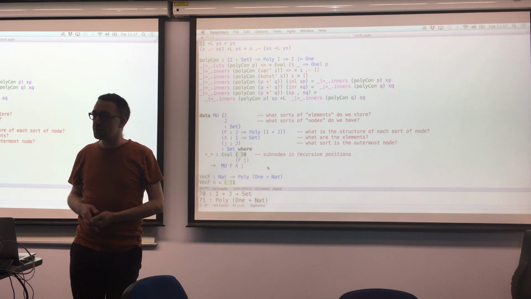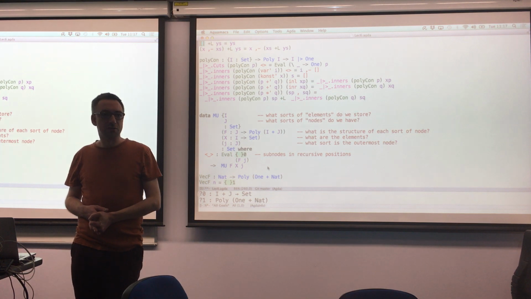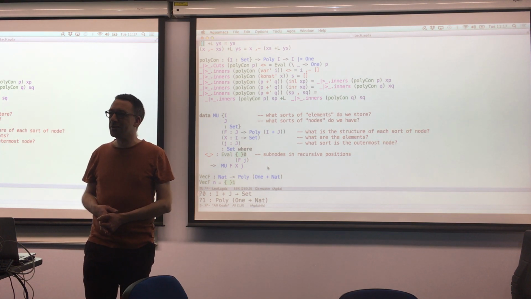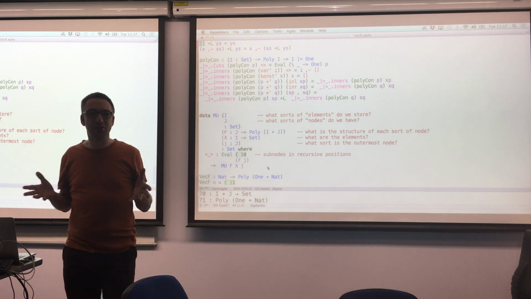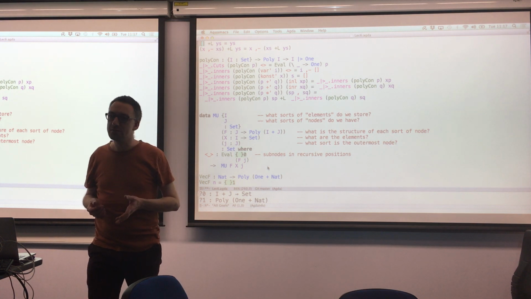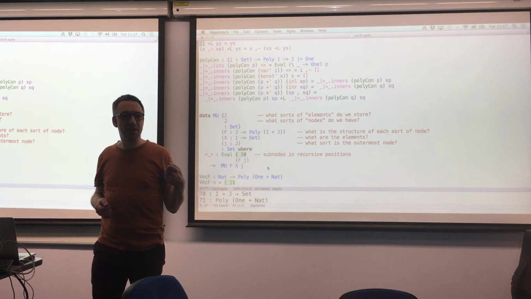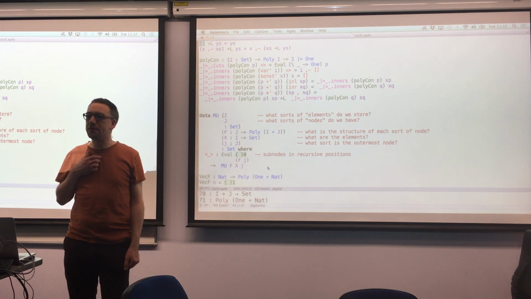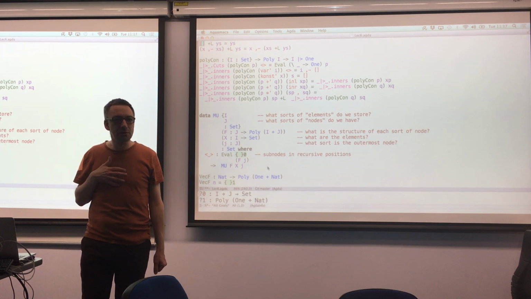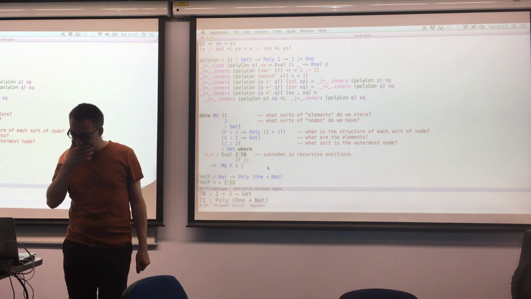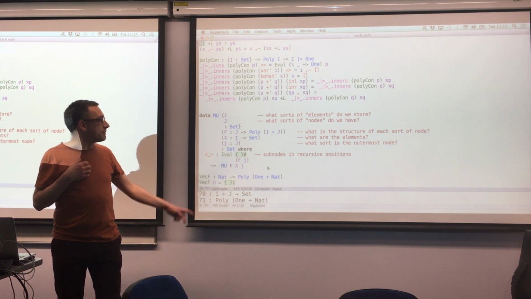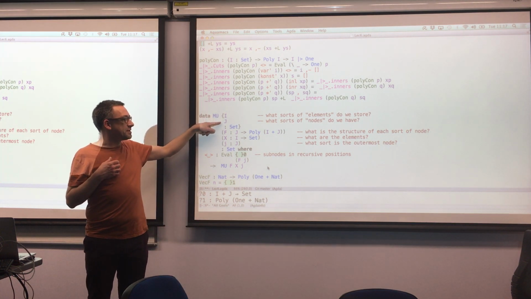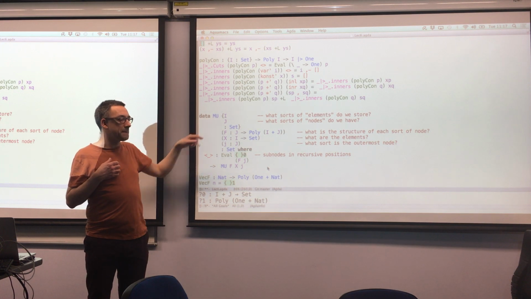Remember vectors. The node structures are given by the natural numbers. The natural number tells you the length of the vector. And what kind of stuff is stored in a vector node depends on that length. So we've got different sorts of elements, we've got different sorts of node.